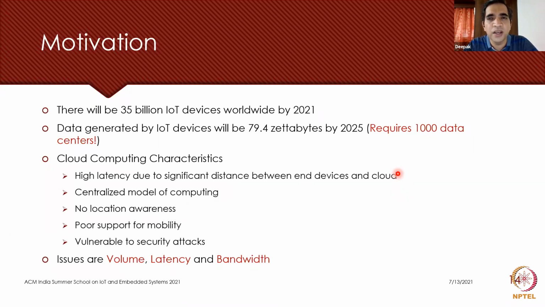So there are some lightweight security mechanisms that people are trying to develop, even to run in things like UAVs, because UAVs also have issues in terms of resource constraints.